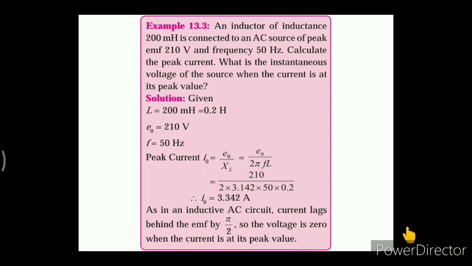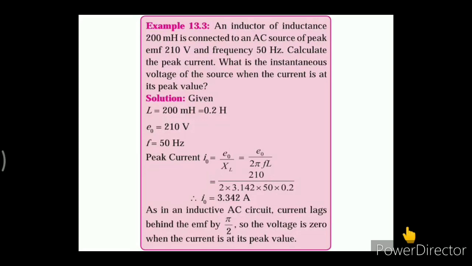Now next we have to determine the value of the instantaneous voltage of the source when the current is at its peak value. In an inductive AC circuit, the current lags behind the EMF by pi by 2 radian. So the voltage is 0 when the current is at its peak value.